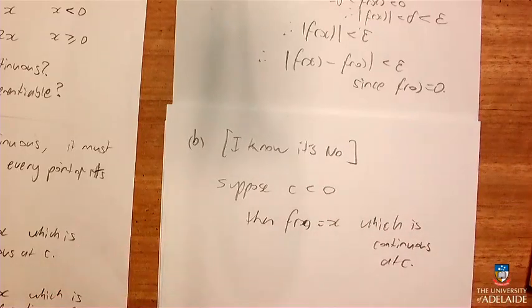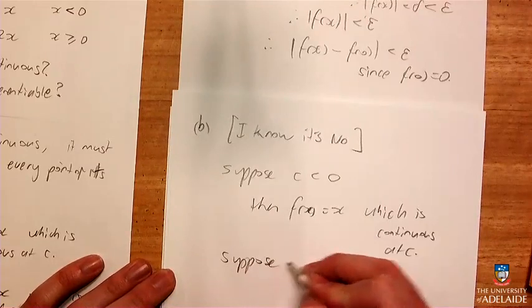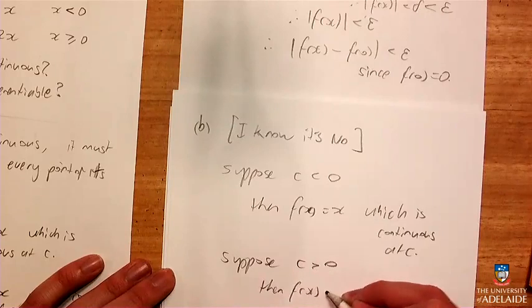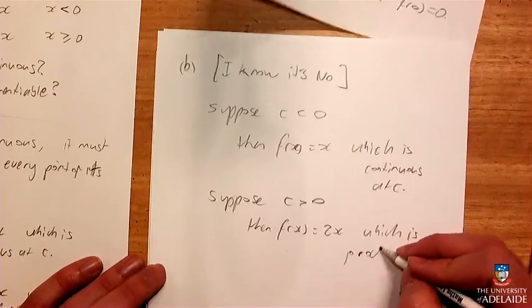And it's basically because there is an open set around c that's completely contained inside the set that I'm talking about. And suppose c is greater than 0, then f of x is 2x, which is the product of two continuous functions.